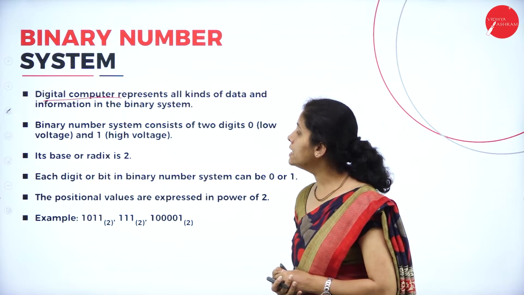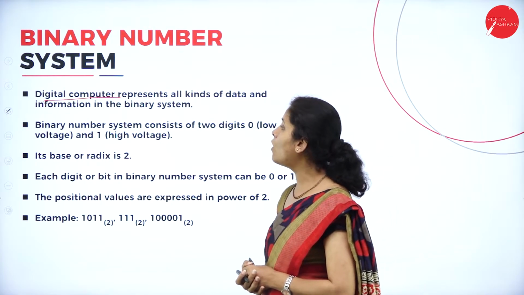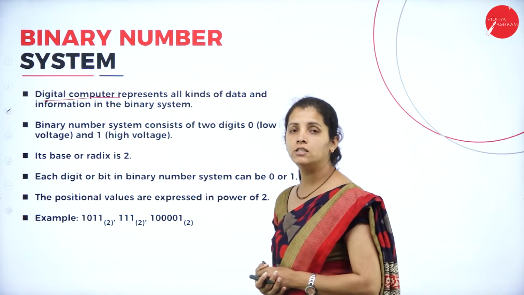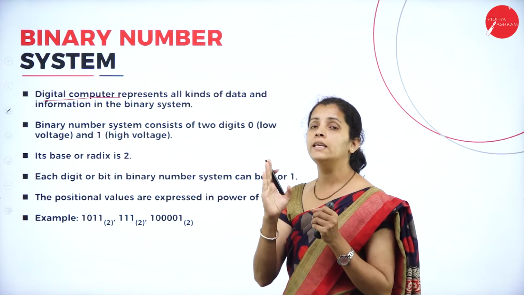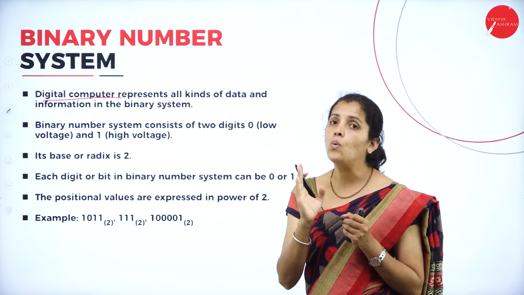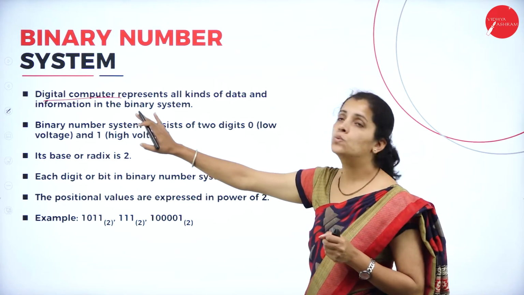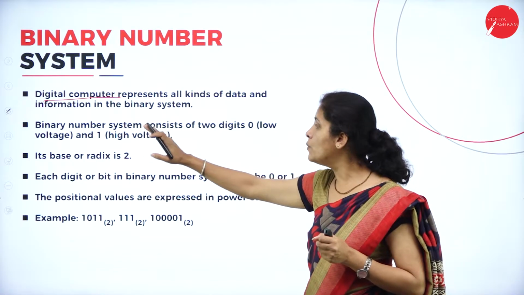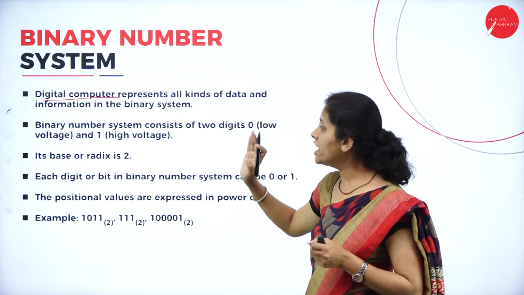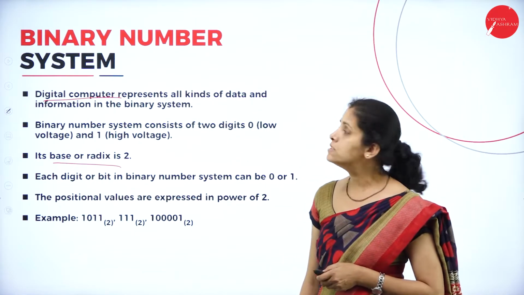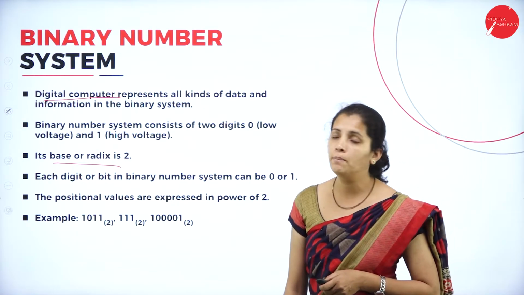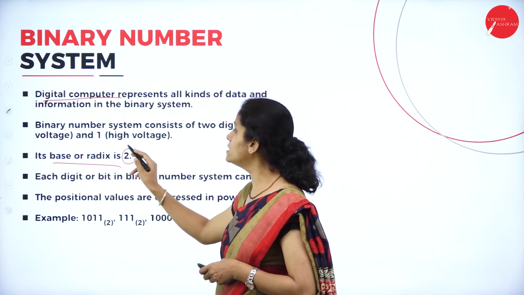So a binary number system consists of two digits, 0 and 1. Dear student, 0 is always low voltage, whereas 1 is always high voltage, and its base is 2. That means to represent binary numbers, I'm going to use the base 2.